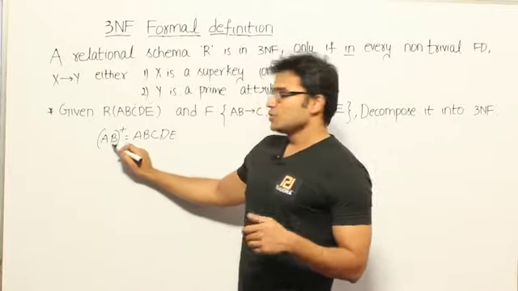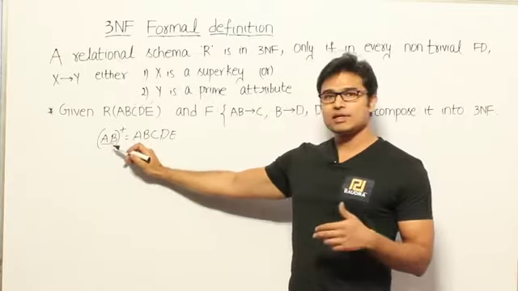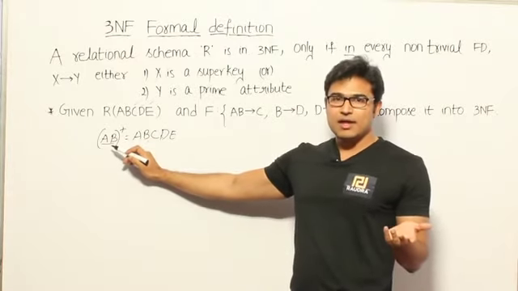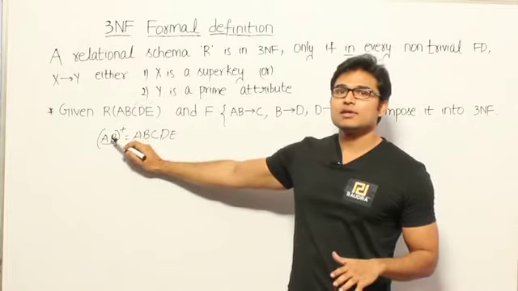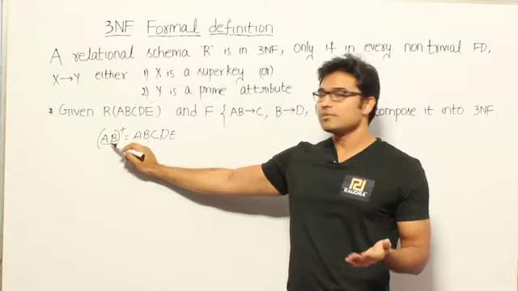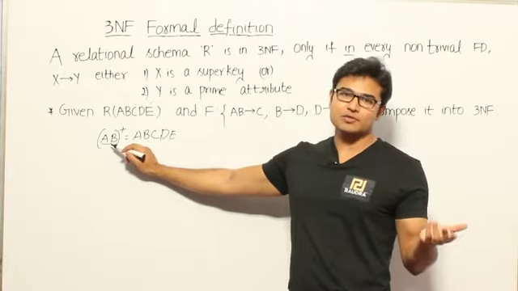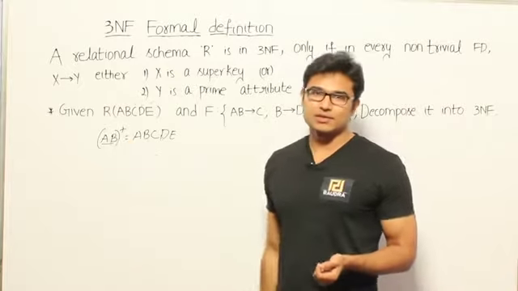Now this is the only candidate key you are going to get. The reason is AB should be present in every candidate key and it is enough. So if you try to add anything to AB, that will just be redundant and will make it a super key, I mean AB plus that attribute is a super key. That is why there is no need of adding anything. This is the only candidate key in this case.